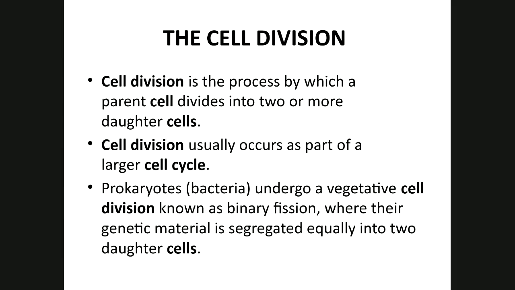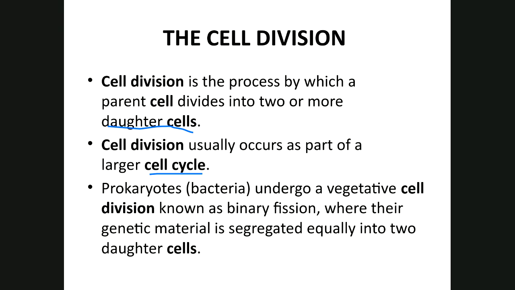Starting with cell division, we are going to define it: cell division is a process by which a parent cell divides into two or more daughter cells. Cell division usually occurs as a part of the larger cell cycle. So here come two main things: the cell cycle, which we will study later in this lecture, and also the daughter cells.